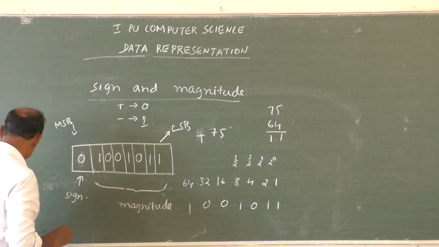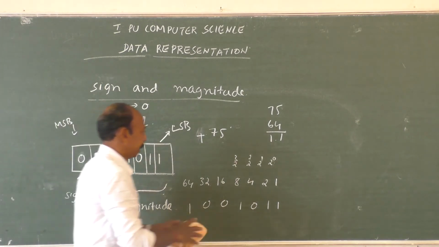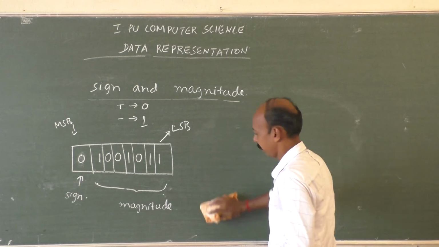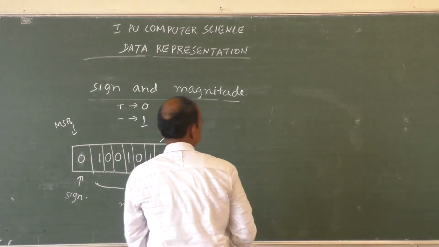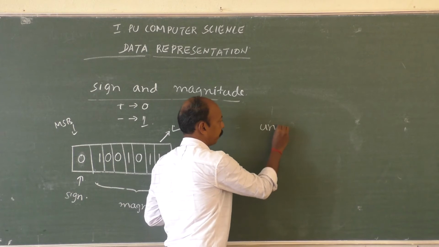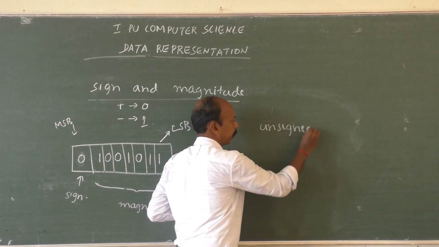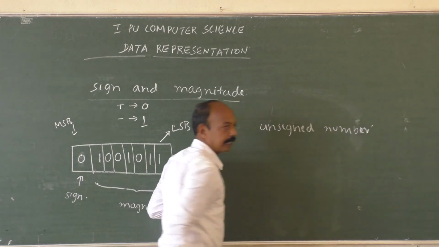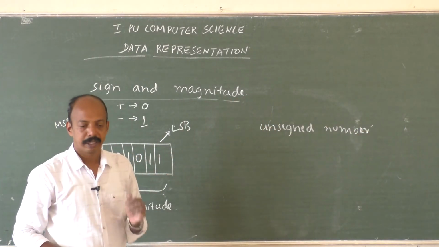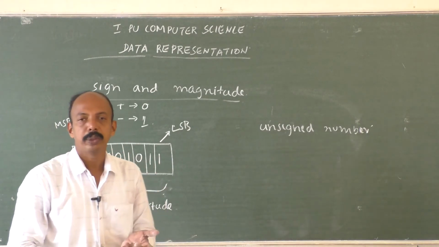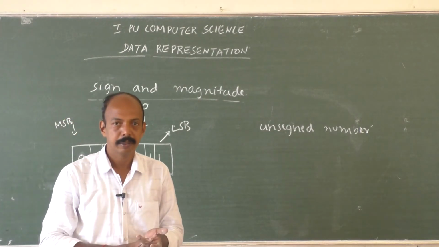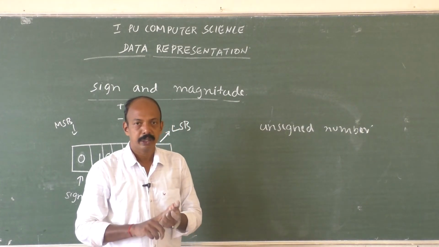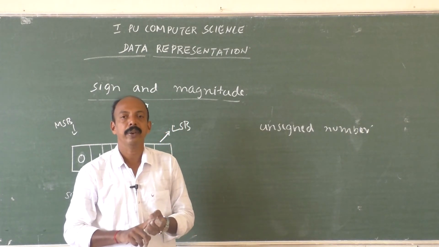Hope this is understood. Let me clarify it once again. If we have an unsigned number, just like our pin code, our roll number, our phone number, those are the numbers which won't have any sign.